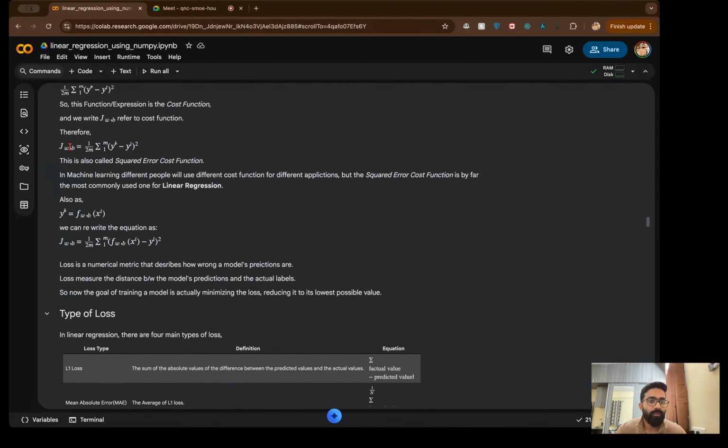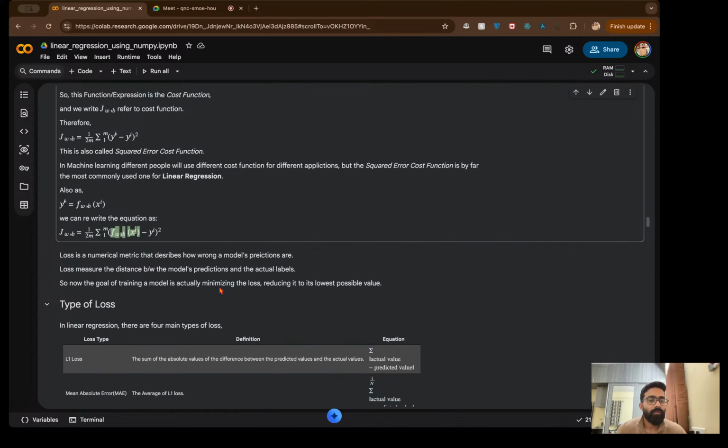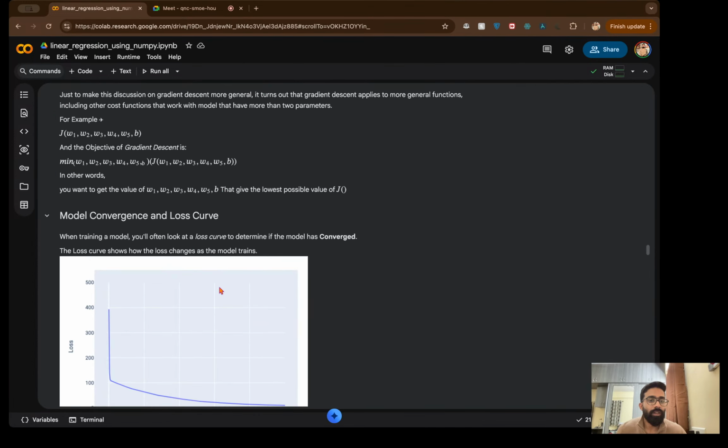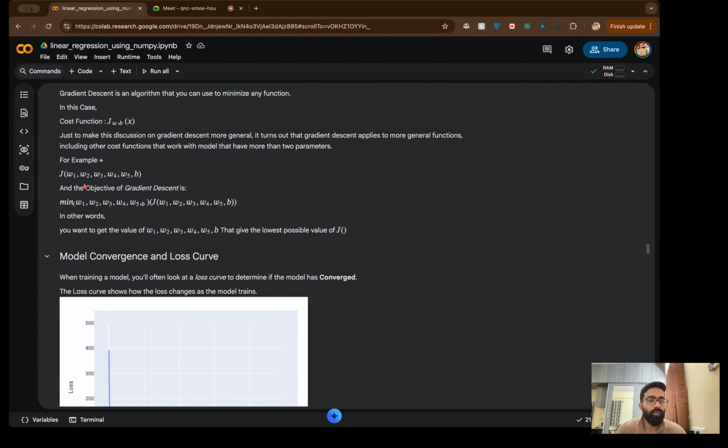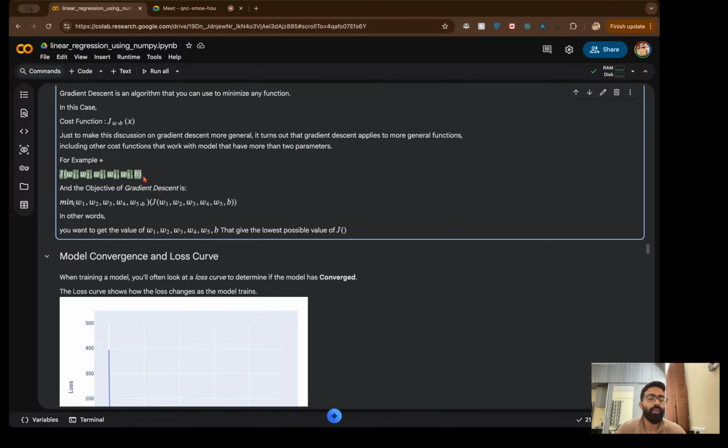J(w, b), right? Where are w and b used? W and b are used in predicting values. Correct? Here the J with the 5 parameters will be J(w1, w2, w3, w4, w5, b).